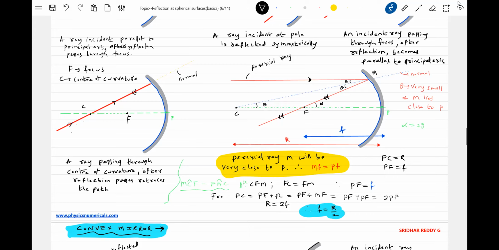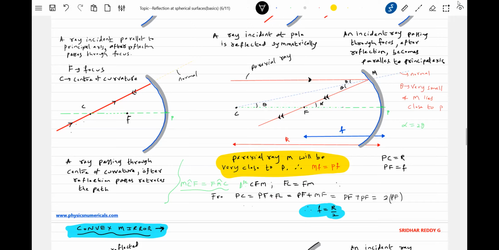What is PF? PF is equal to small f. What is PC? PC should become equal to R. I'll write one more step.